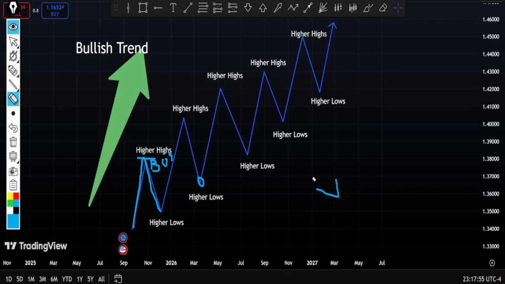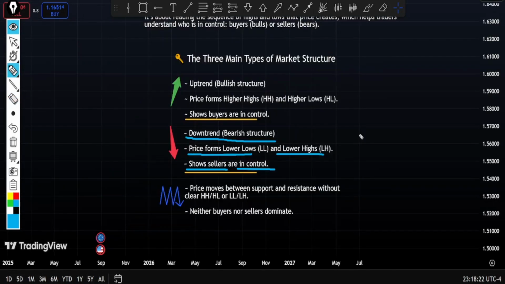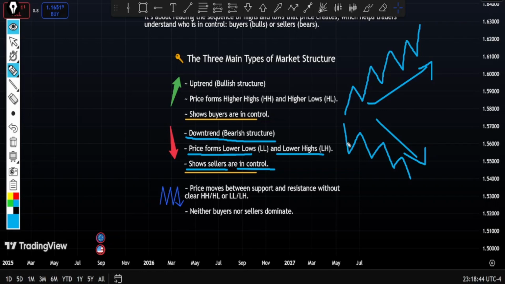It shows sellers are in control. For bullish, the uptrend, buyers are in control, but for bearish, sellers are in control. Sellers are tanking this market, buyers are pushing this market aggressively.